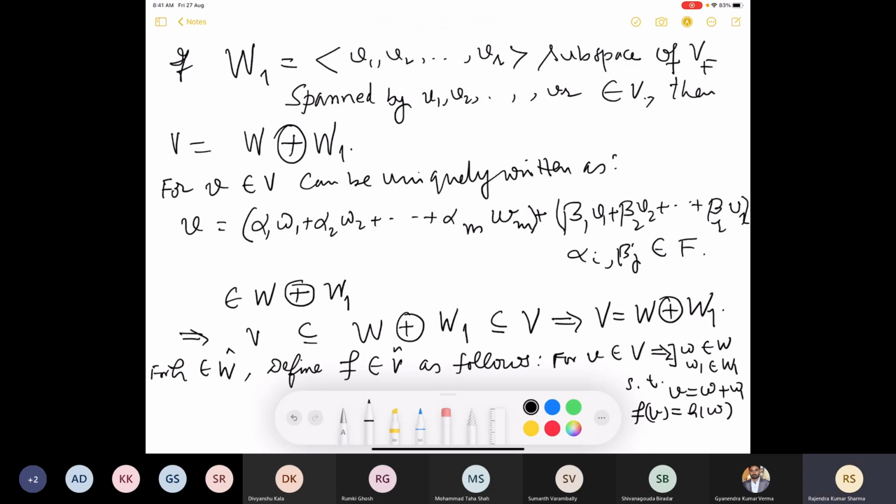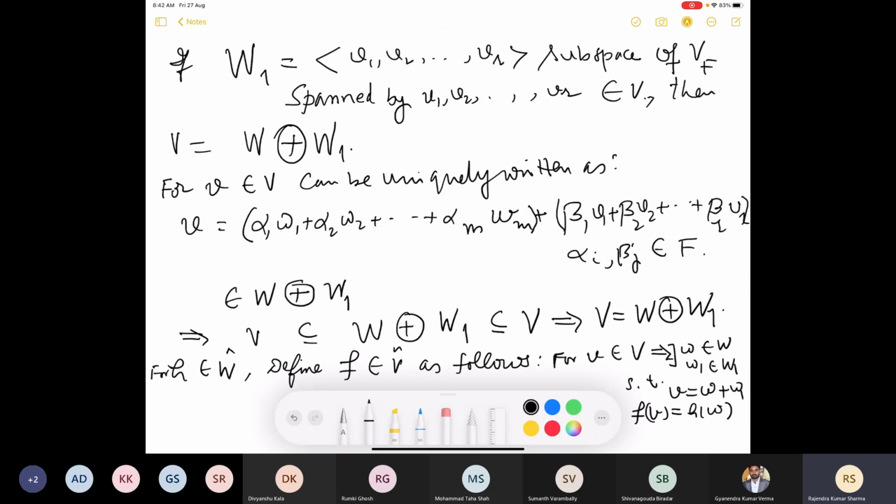Now you can check that this f is a vector space homomorphism of V hat, and this is the restriction of f on W. So we are defining f of v, that is f of w plus w1, as h of w.